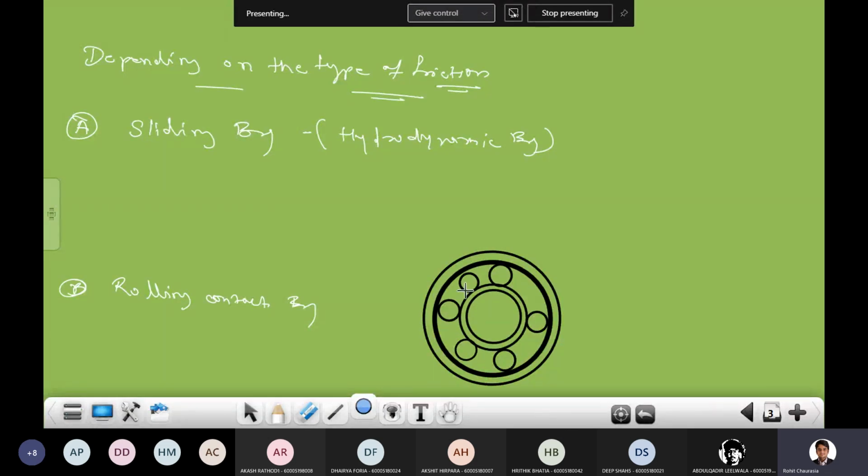Just making the symbolic representation so you can see, क्या कर सकते हैं इसमें. Okay, now if you are going to see here, this is nothing but my roller contact bearing.